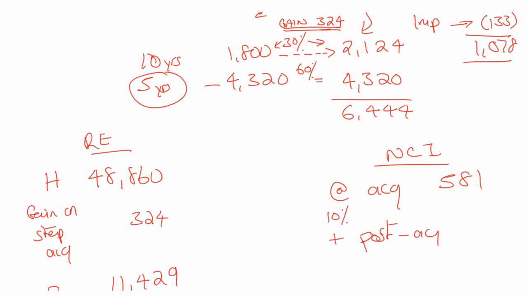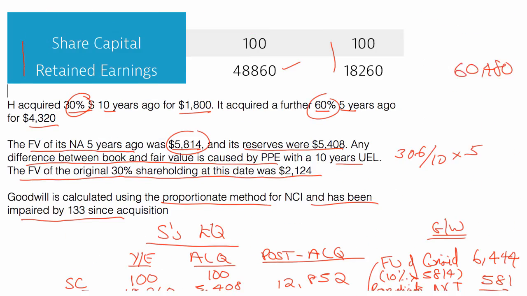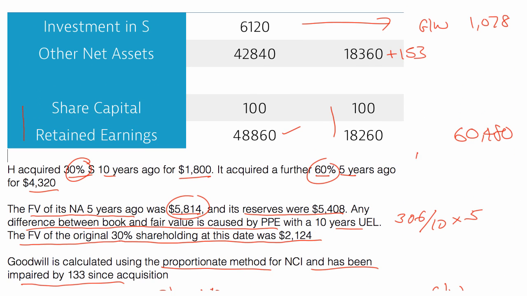So 10% of 12,699. 10% of 12,699, I'll call it 1270. No impairment, because we never have an impairment of goodwill when we do NCI proportionate, because they don't get their share. So we just need to add those together, 1851. And so if I pop that in, 1851, it should then all look like balancing.